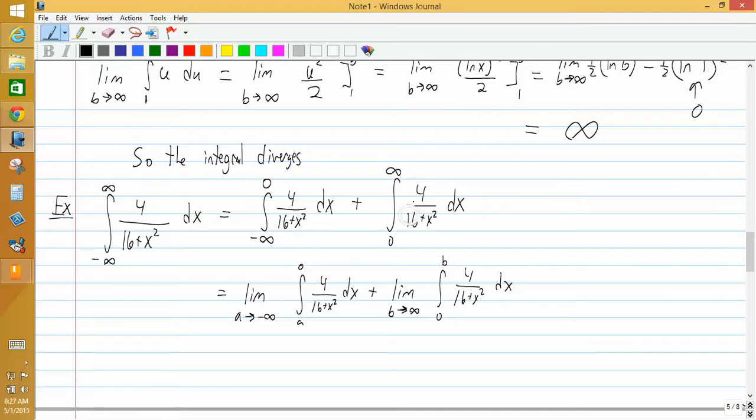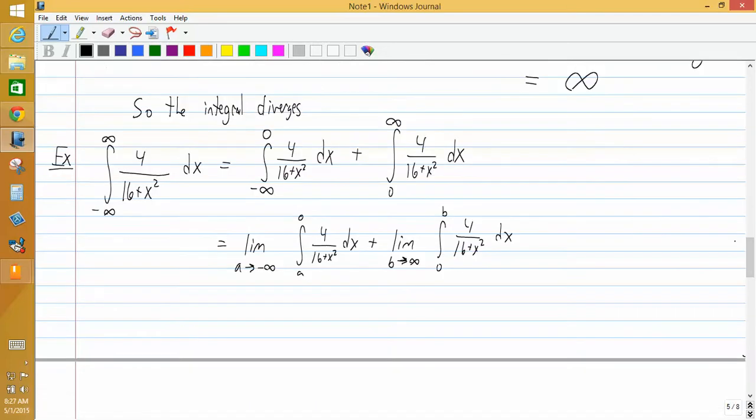Alright, so let's work this integral out real quick. I have a constant of 4 in the numerator. So let's see, that's going to be 4, and then my a is equal to 4, and my u is equal to x. So it's 1 over a arctan u over a plus c, but it's a definite integral, so I don't put plus c.